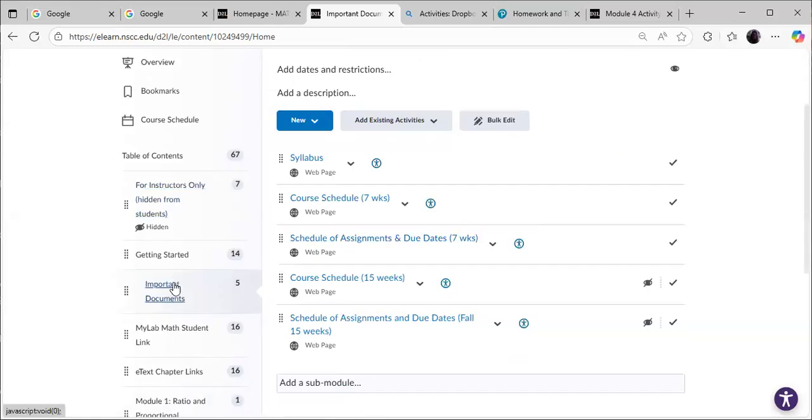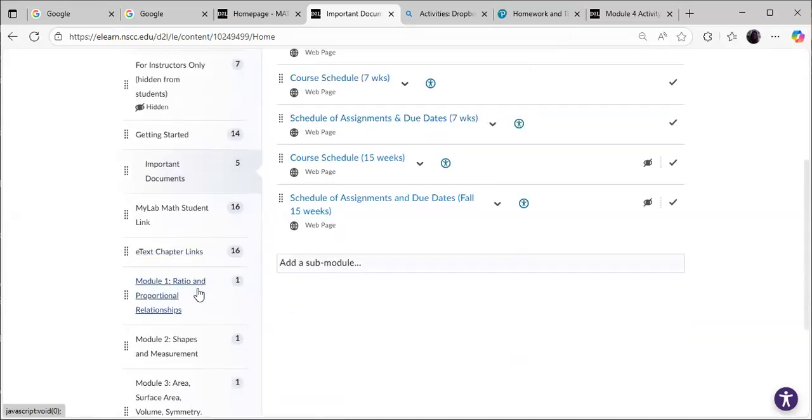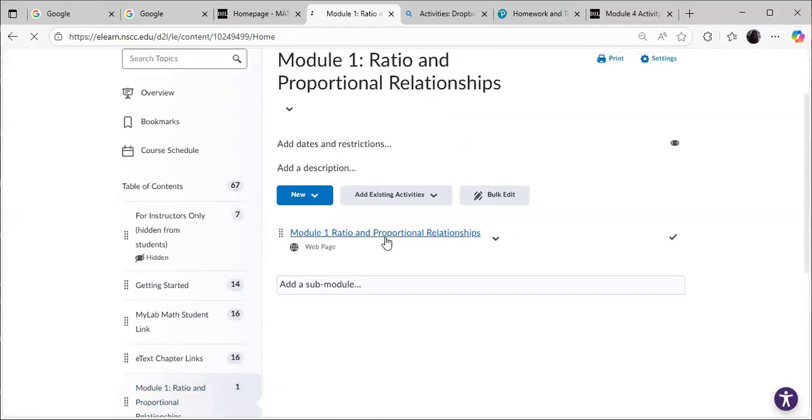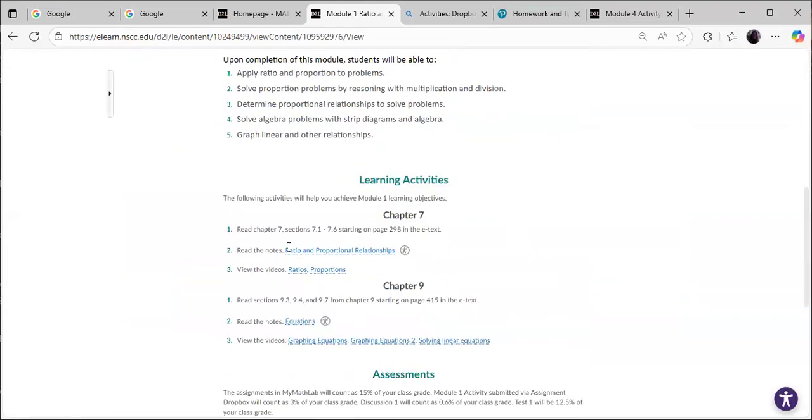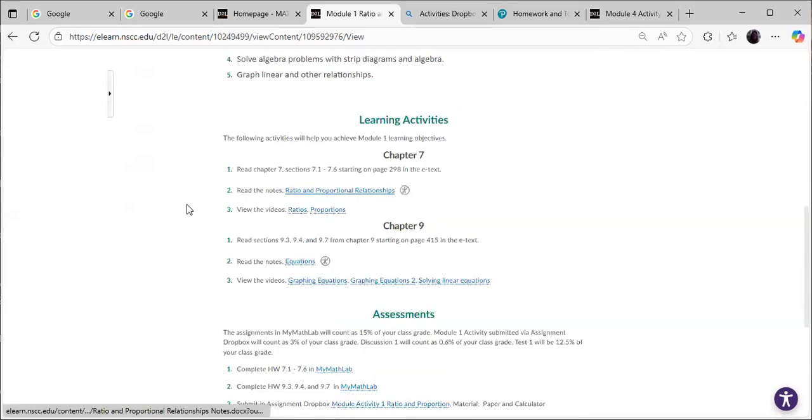And under the module 1, where you get started, there are some handouts. So you've got notes on ratio and proportional relationships, and then you have videos to watch. And then in chapter 9, there's also notes on equations, and then videos on graphing and solving linear equations.